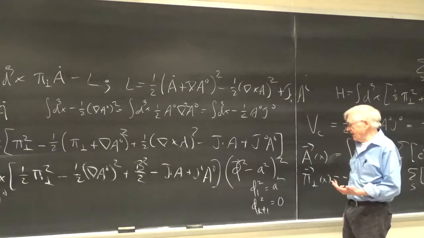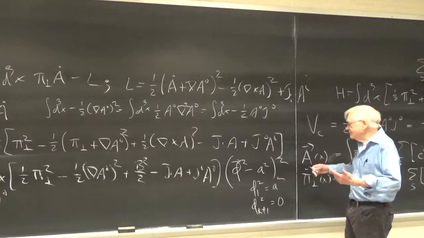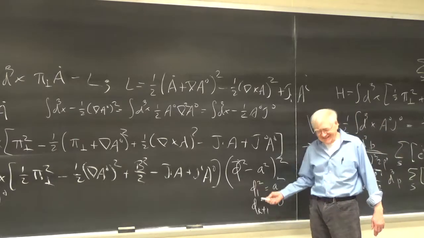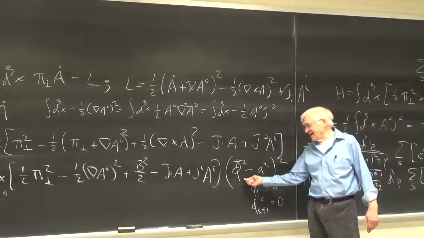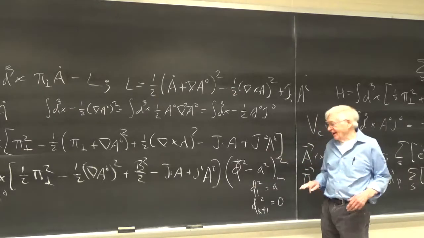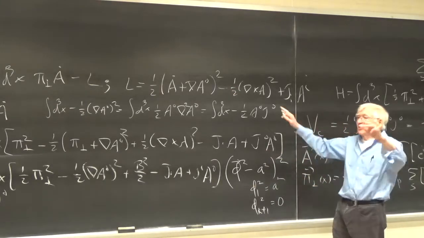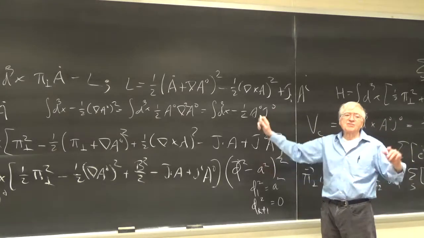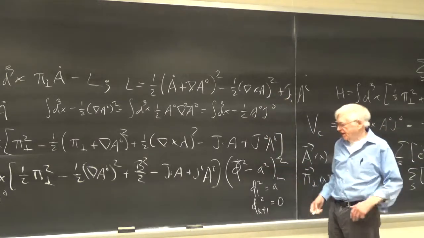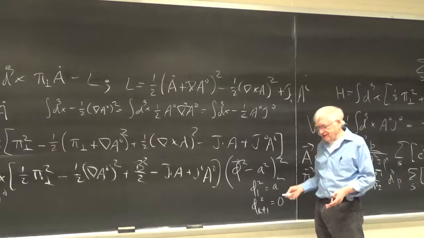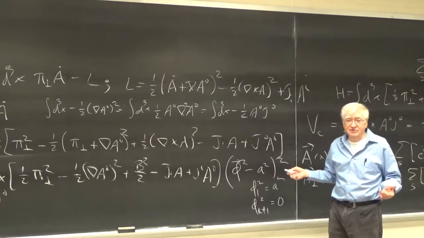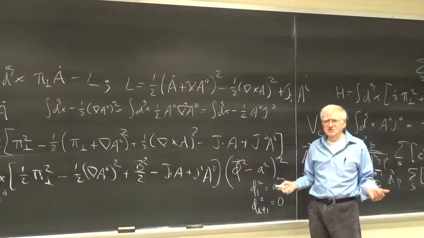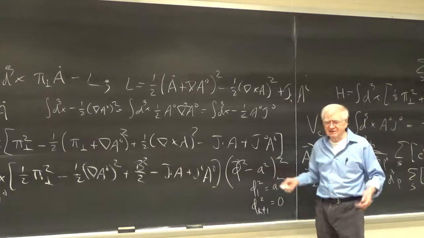The other possibility is we can have phi be some vector, and as it goes out to infinity, it always has length squared a squared, but it's pointing in different directions. At first that looks great, but then you realize you've got a kinetic term to worry about, and the kinetic term diverges, logarithmically or something.